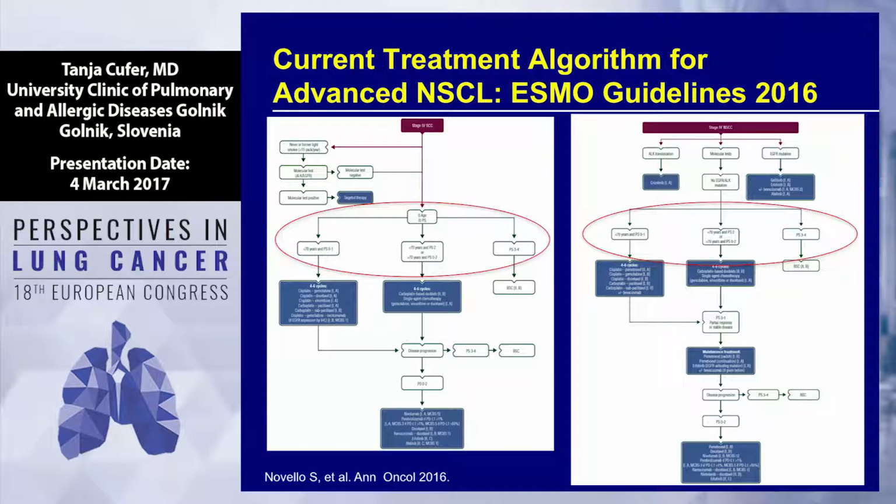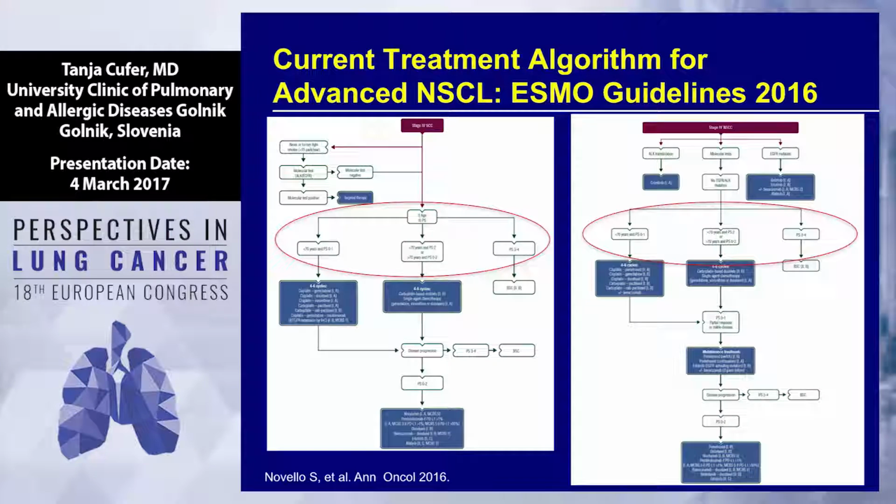But for chemotherapy, first or second line, the guidelines are different according to age. We separate between elderly, non-elderly, and performance status. These recommendations are based on the evidence-based data, the trials we have.